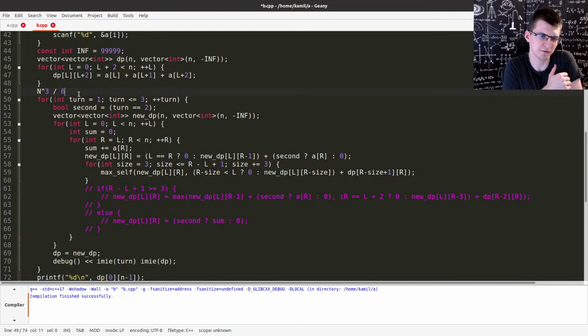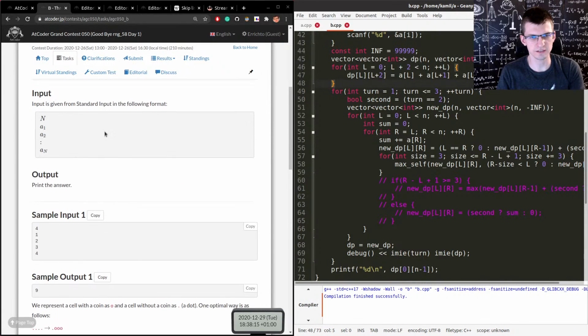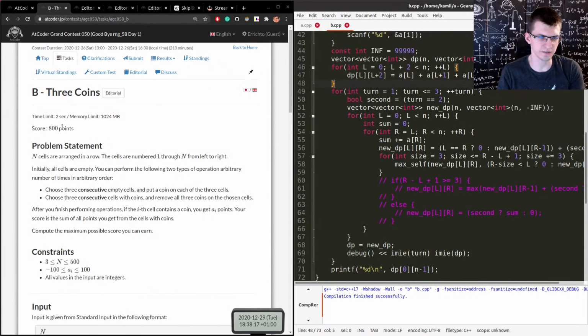So that's fast enough for 500. Fast n cubic for 500 is okay, because it's 100 million operations, so it should take around 1 second. Unless the time limit is very tight, it's fine. Yeah, it should be fine.